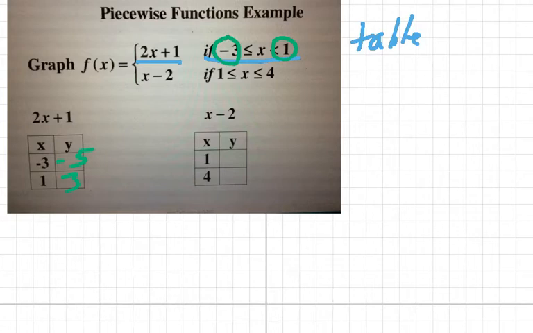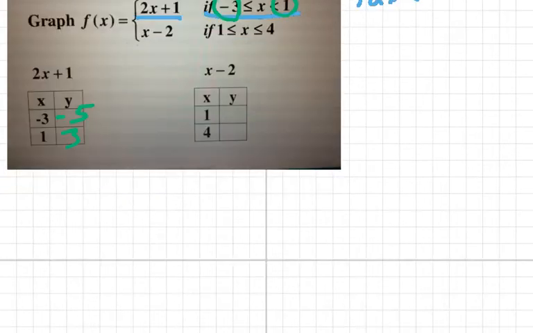So now I have two ordered pairs that I can graph. And I'm checking here, I have an equal to sign there, so that means my negative 3 is going to be a closed dot. And then my 1 does not have an equal to symbol, so that one's going to be open.